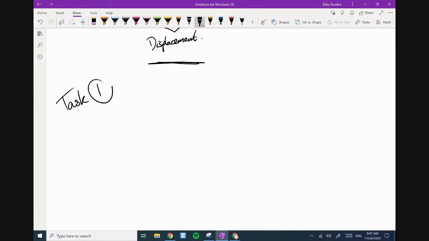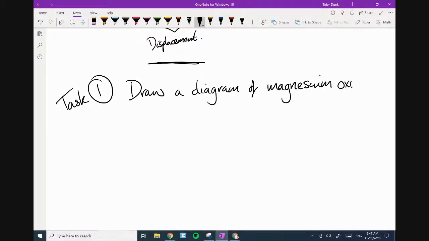Task 1. Okay, so what I'd like you to do is draw a diagram of magnesium oxide lattice, 6 particles.